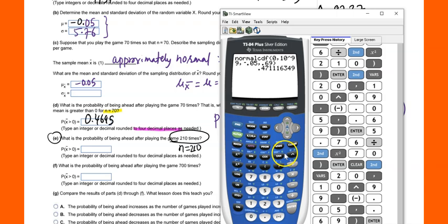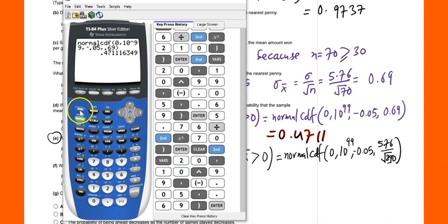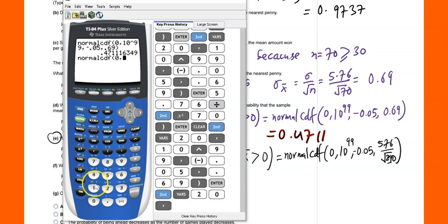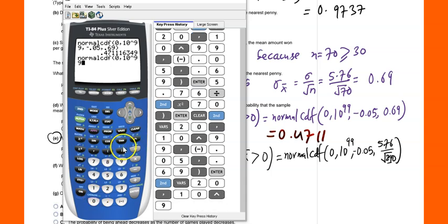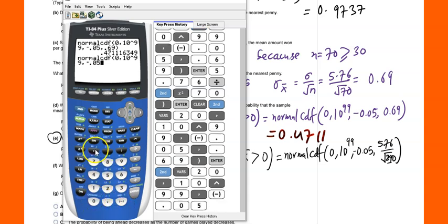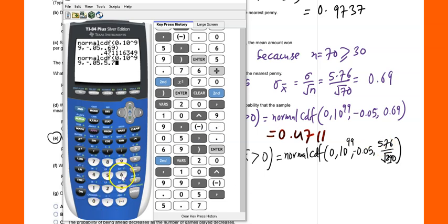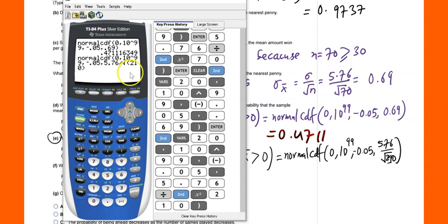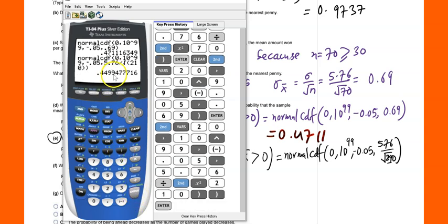Let's see what you get. Let's try second VARS, number 2, 0, comma, 10 to the power 99, comma, the mean is negative 0.05, comma, standard deviation is going to be, you type exactly all the numbers as you see over here, 5.76 divided by square root of 210, close parenthesis, and you close this for normal CDF, and you get 0.4499.